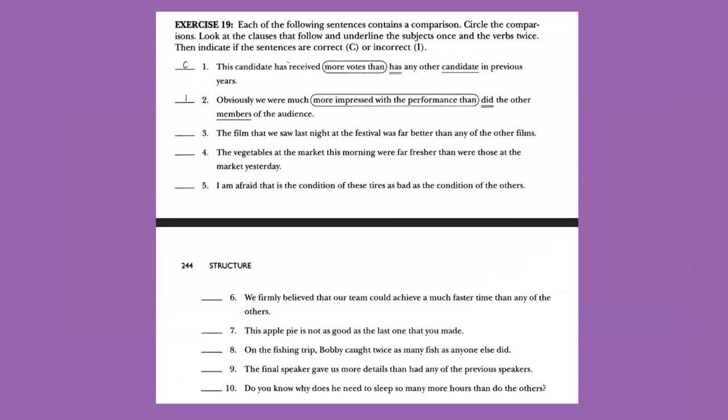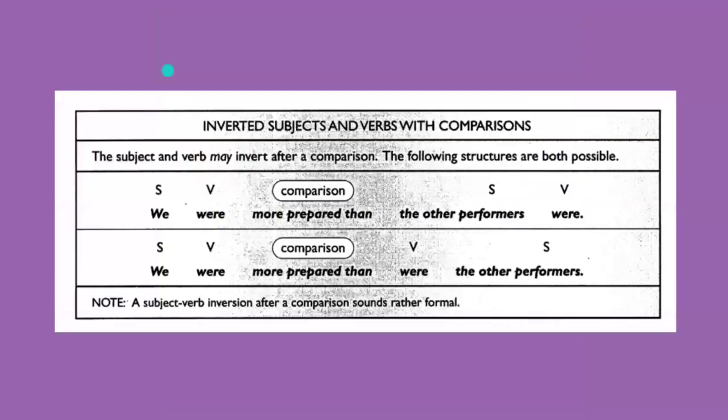Let's see the examples. Number 1. This candidate has received more votes than has any other candidate in previous years. This is correct. If we remember, we may invert the verb and subject in a comparison form.